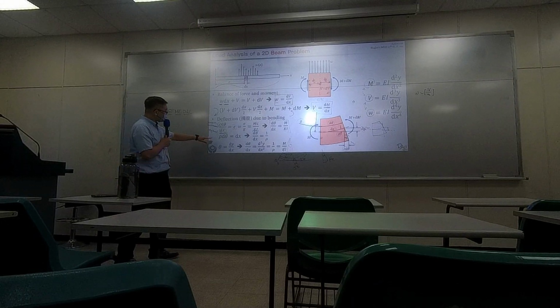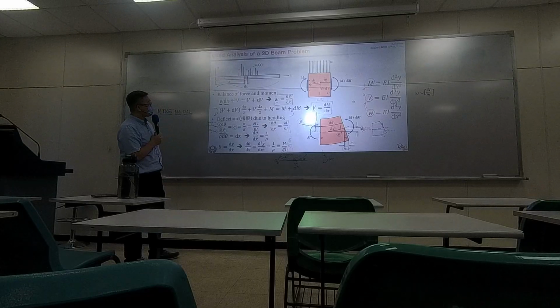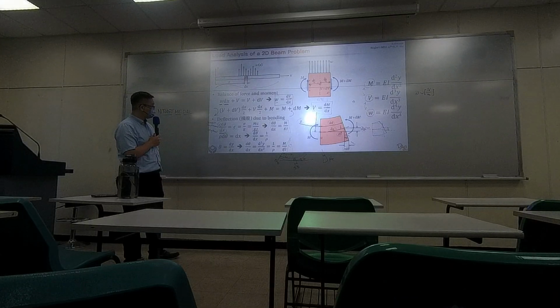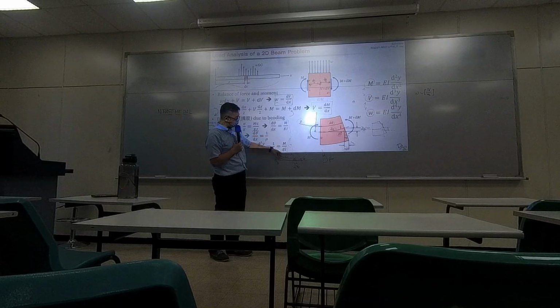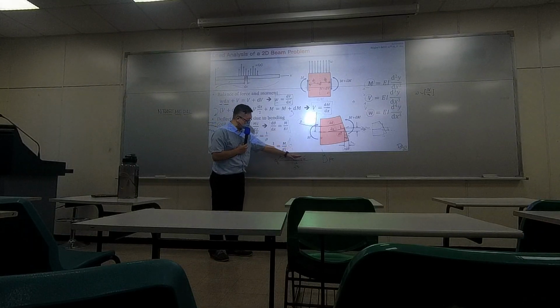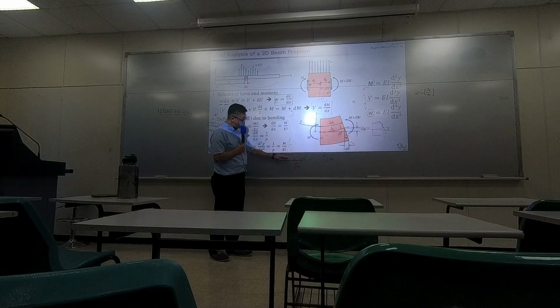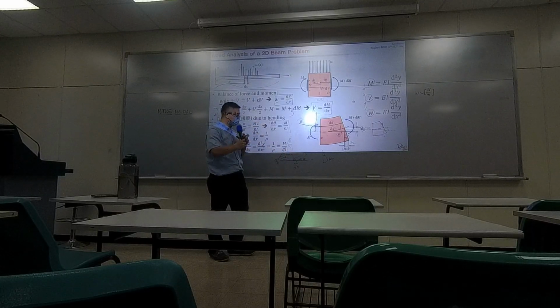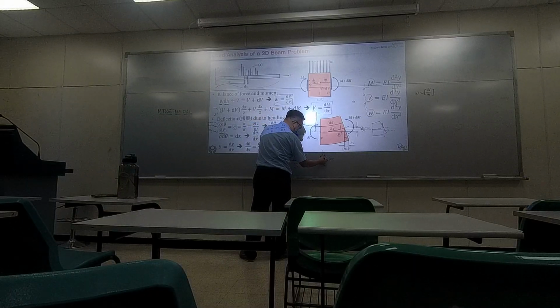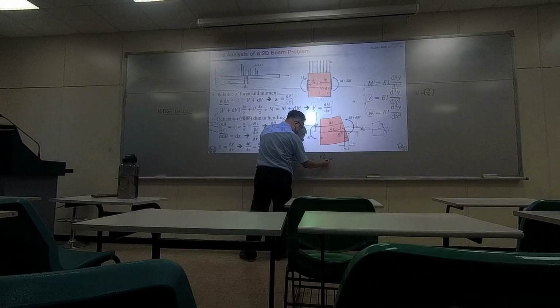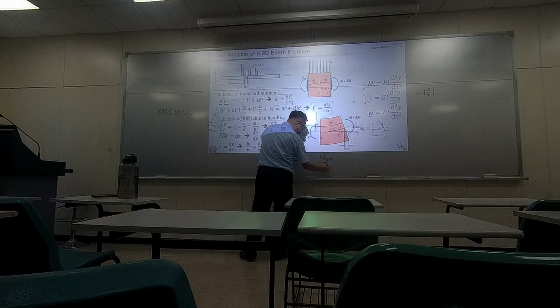Now, in the second equation, what is rho d theta? So rho is the radius, the rotational radius of this bent beam. So here is rho. And the angle here is d theta. So basically this is the arc length, rho d theta.